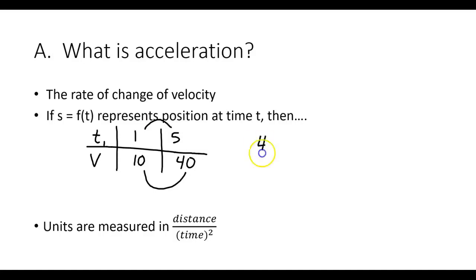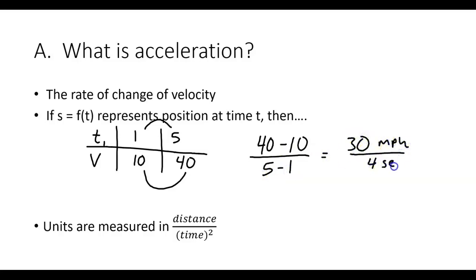Okay, so that would be 40 minus 10 is my change in velocity, and that took 5 minus 1 seconds. So I increased by 30 miles per hour over 4 seconds worth of time. Okay? And so that's what we would call acceleration. Acceleration tells you how much your velocity changes over time.